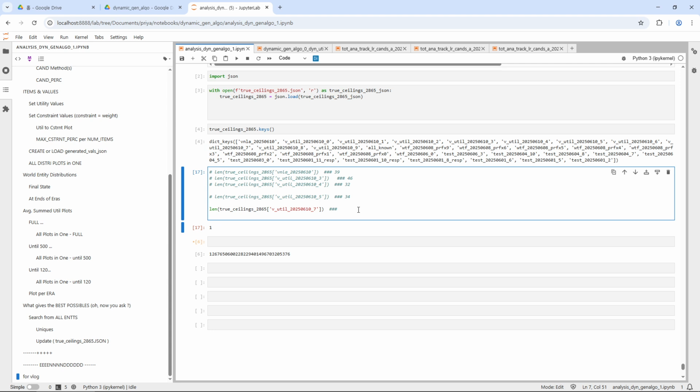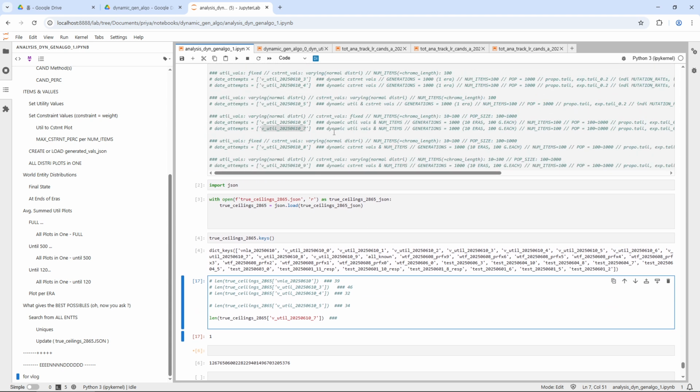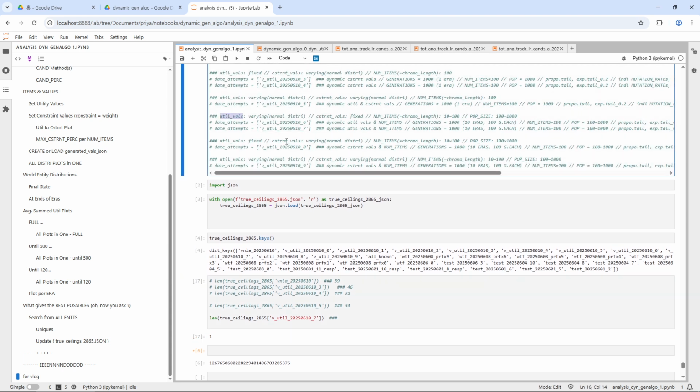But in this case it didn't work, where when the utility values varied and the constraints values were fixed, but the number of items changed per era. So this didn't work.